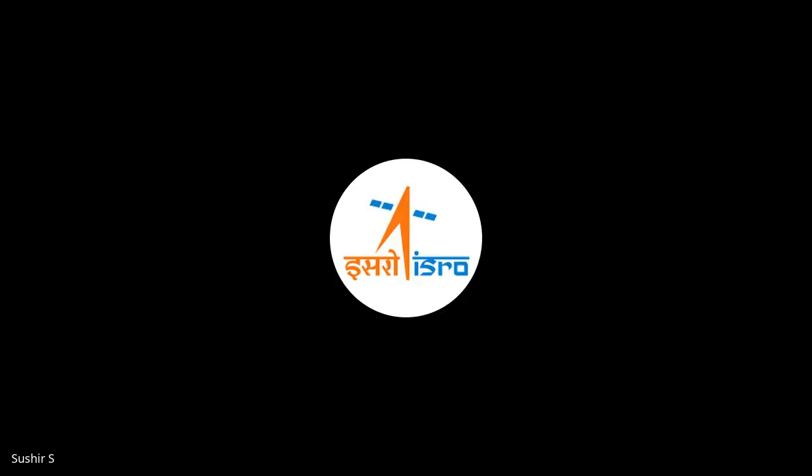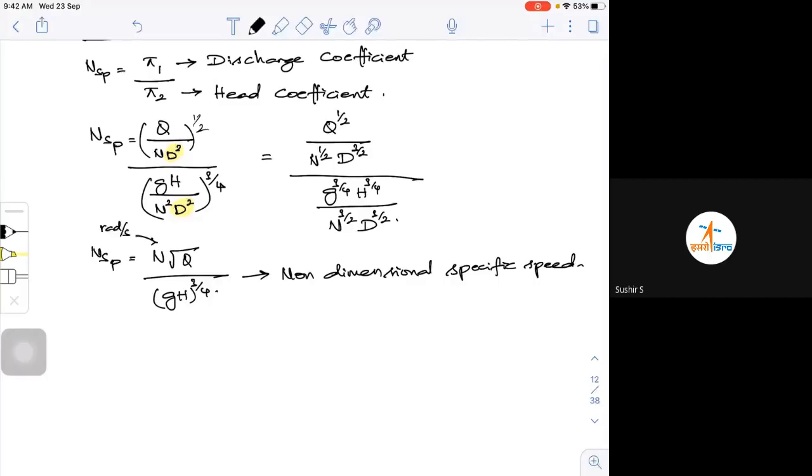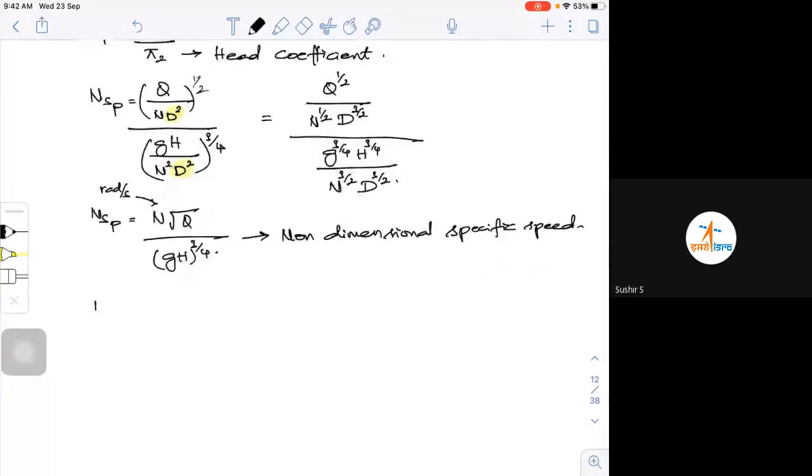If I want the dimensional one, I get N root Q by H to the power of 3 by 4, where this N will be in RPM. So this is my dimensional specific speed.